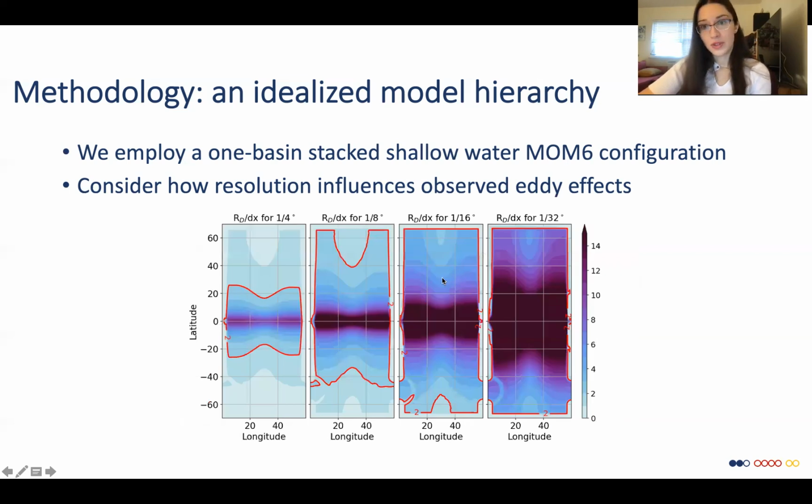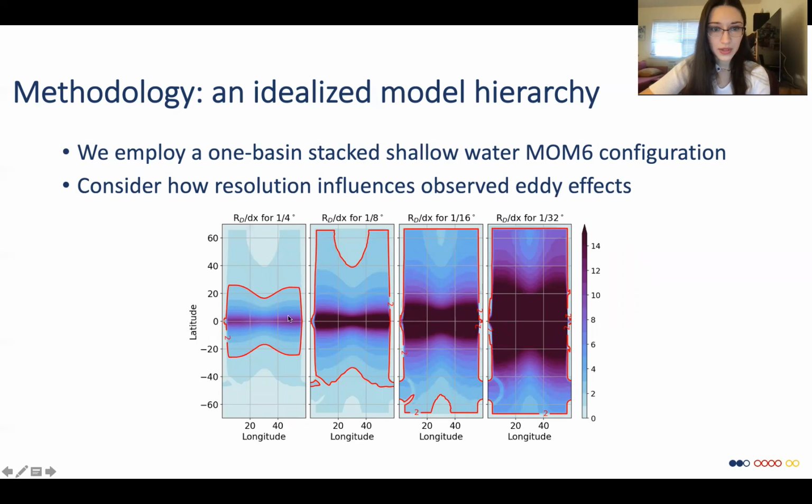And also for reference, this is the same metric of the deformation radius to the horizontal grid spacing for the entire model hierarchy, which we consider here. One should keep in mind that in this set of baseline cases, we do not use any eddy parameterizations. So we can really consider how not resolving versus resolving eddies influences the flow.